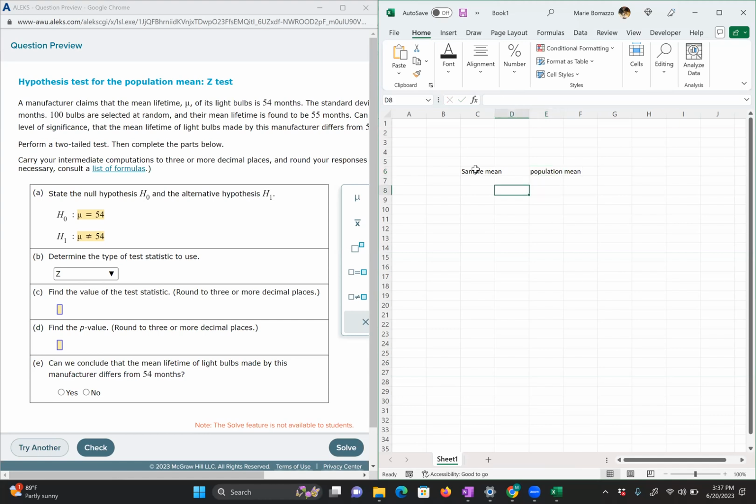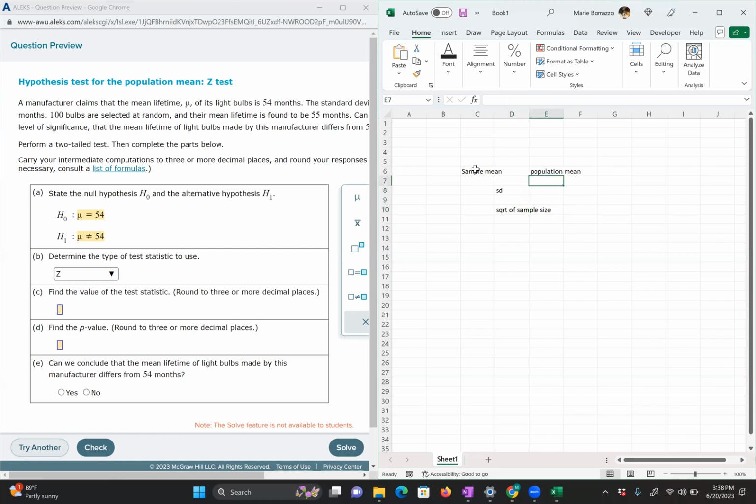All of that is going to get divided by the standard deviation, and that's going to get divided by the sample size. Well, actually, the square root of the sample size. And I'll give you a calculator as well, so you can use that.